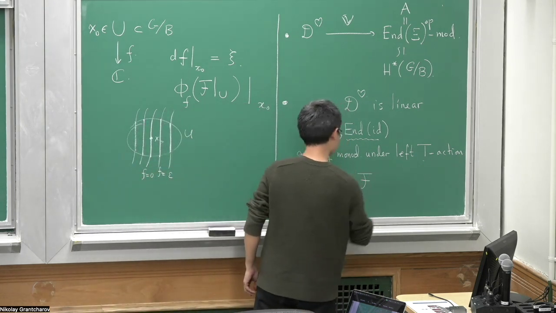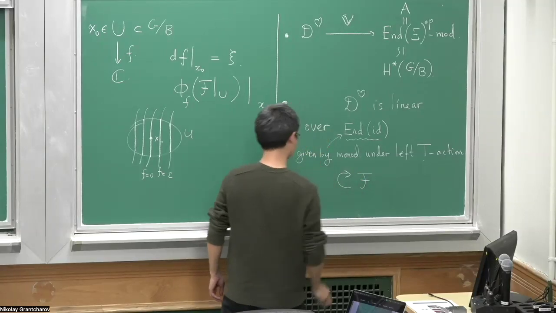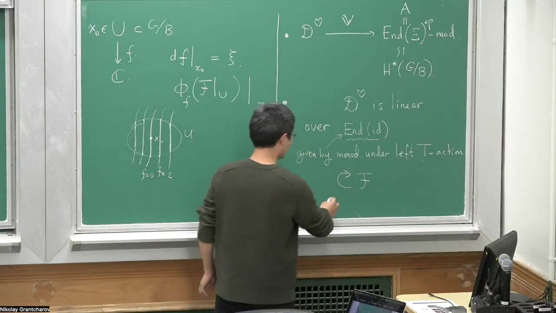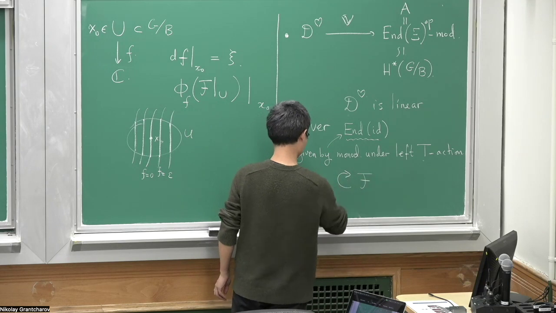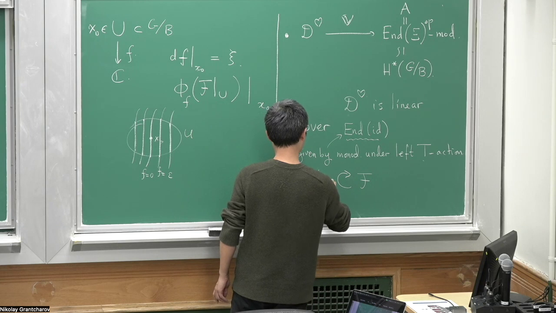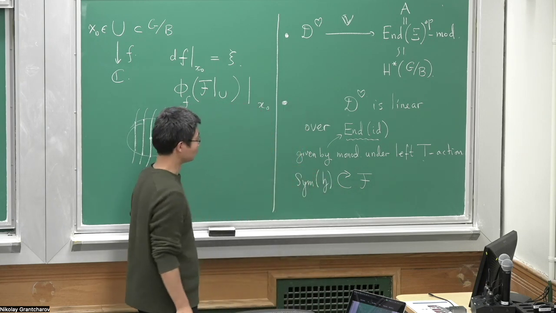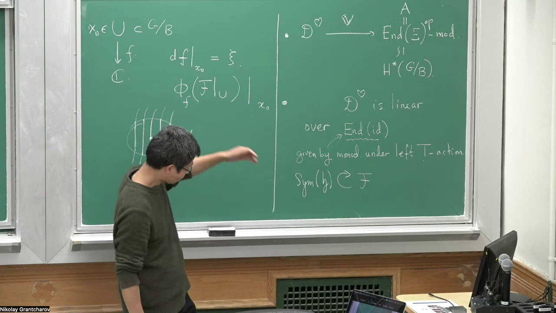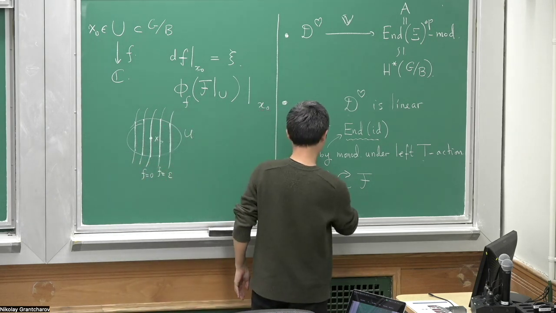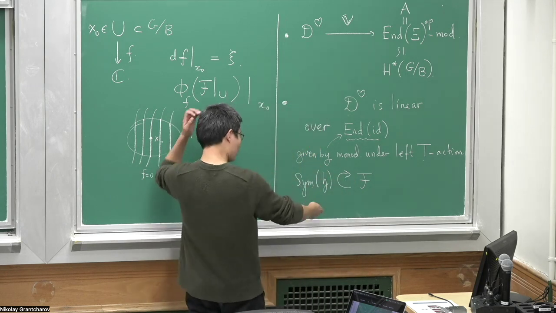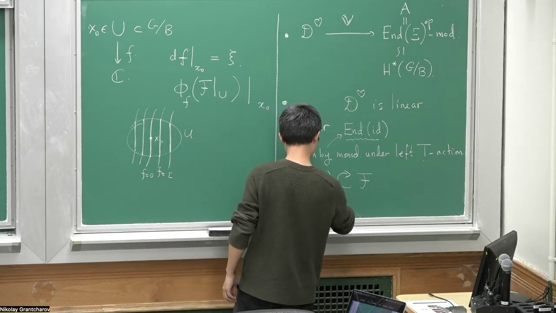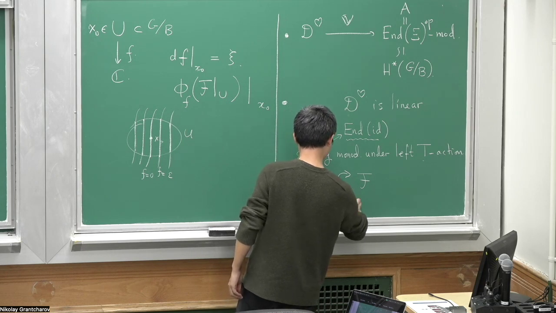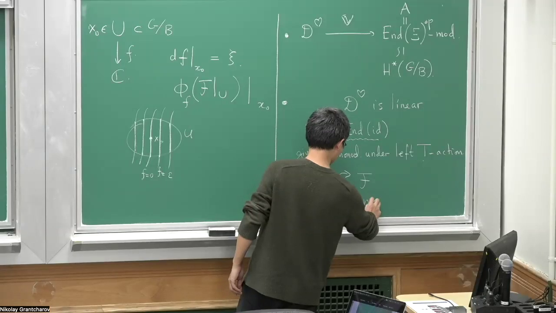But for any perverse sheaf, there is actually a canonical action of this algebra, the symmetric algebra of the Cartan, the algebra of T. This will act through some power of the augmentation ideal, so the action is nilpotent.